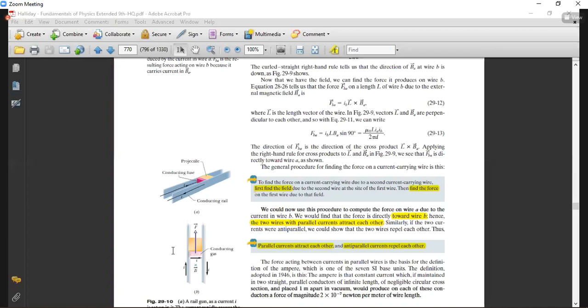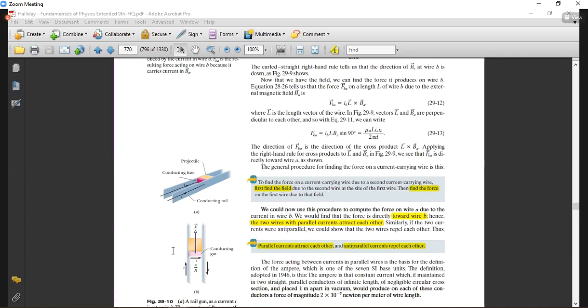So recently, two countries are basically advanced in the rail gun, one is the US, the other one is China. As per articles or the literature which I have studied, China is much more modern in the rail gun compared to the US.